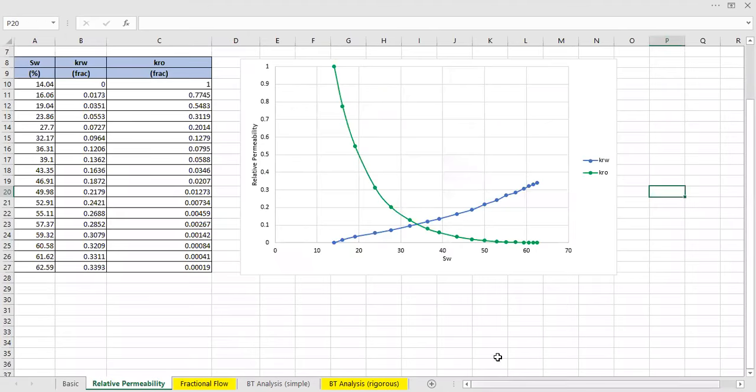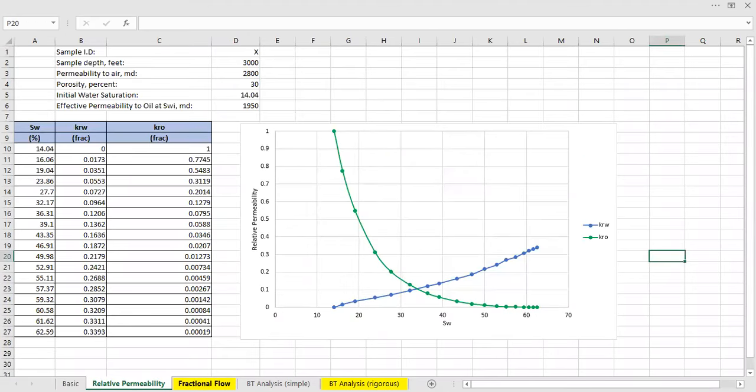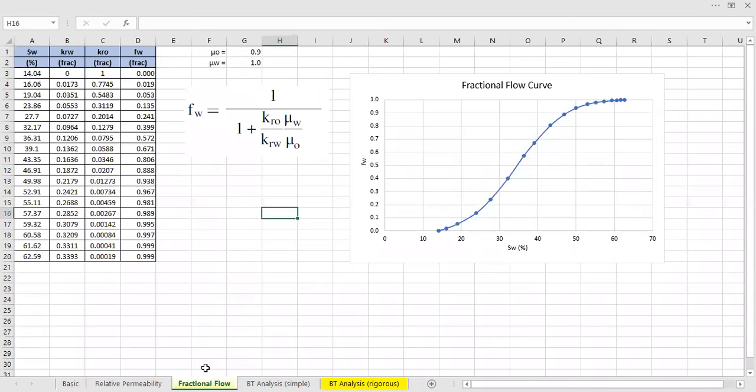So just remember, in this analysis, we construct relative permeability using the core analysis report. We make the fractional flow curve.